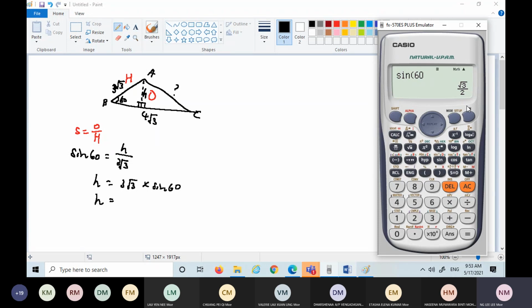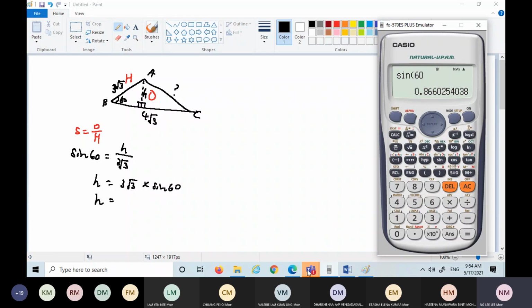This one you have to memorize: sine 60 is square root 3 over 2, because all these angles we call special angles. The black calculator will show a decimal number; for me it's very simple. When I see 0.866, I know it's square root 3 over 2, so the calculator can still help you.